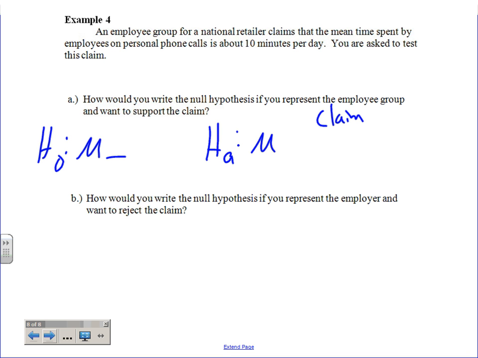So is about 10. So one way you could do it, if you're trying to help them, you're probably going to say less than, right? If you're really trying to help them. Because you could say not equal to 10, but maybe you'll find out it's actually like 15, right? So that would be bad, okay? So less than 10. And over here you're going to say greater than or equal to 10, because if I can reject that darn thing, I am supporting that.